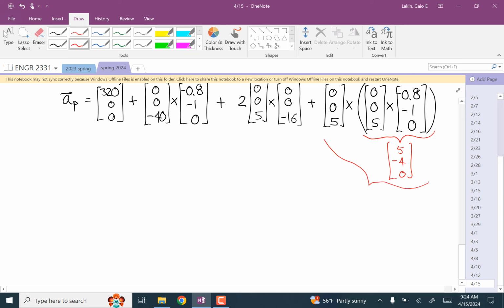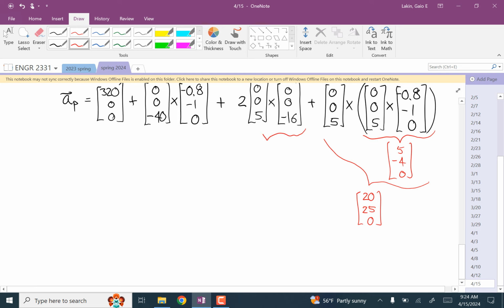So these two together, we have positive 20, positive 25, 0. I think that's right.